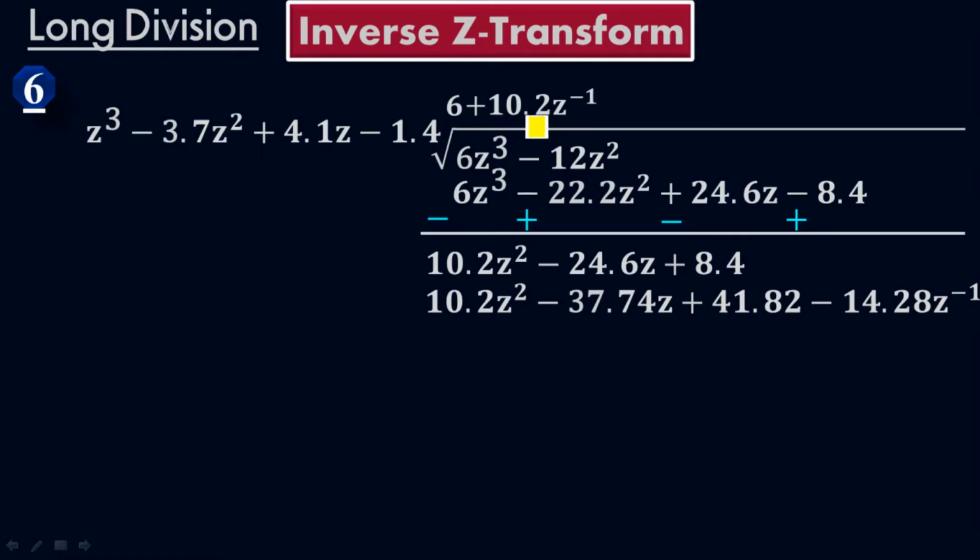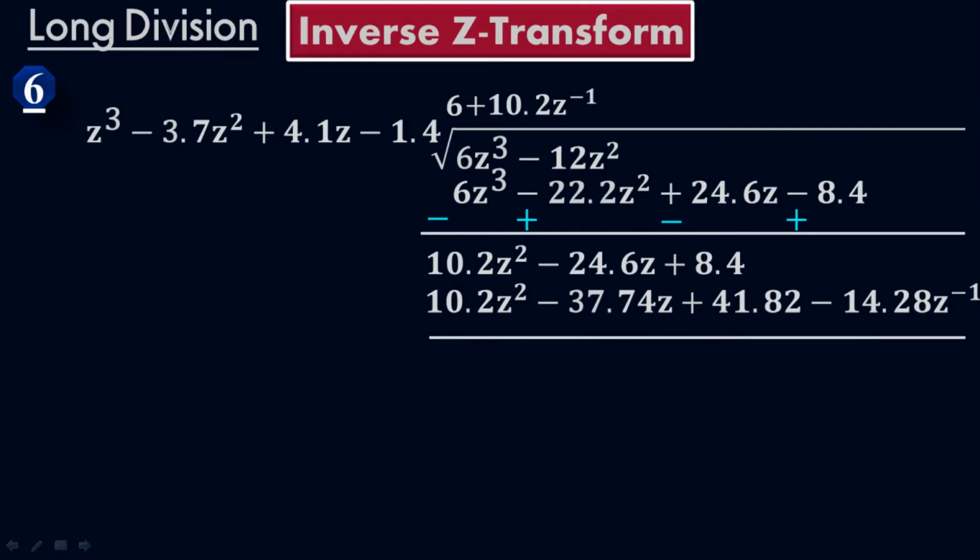Similarly, 10.2z to the negative 1 times 4.1z equals 41.82, because the z cancels with the z and there is no more z. Also, 10.2z to the negative 1 times negative 1.4 equals negative 14.28 times z to the negative 1.